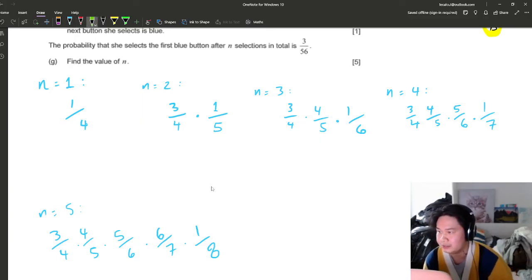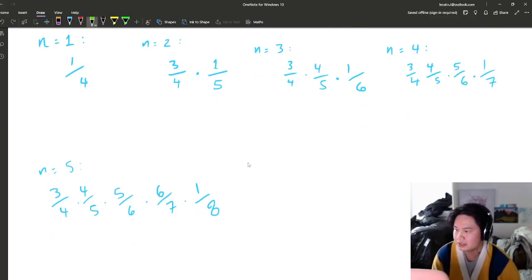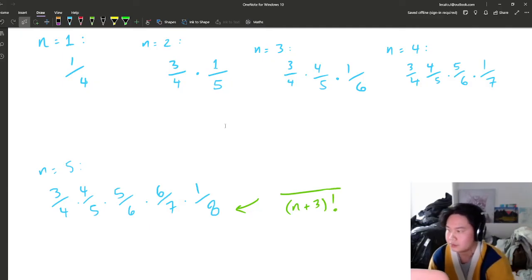But, okay, if you take a look, you essentially have factorials here. Notice that your denominator is more or less n factorial, well, n plus 3 factorial. Right? 5 plus 3 is 8.